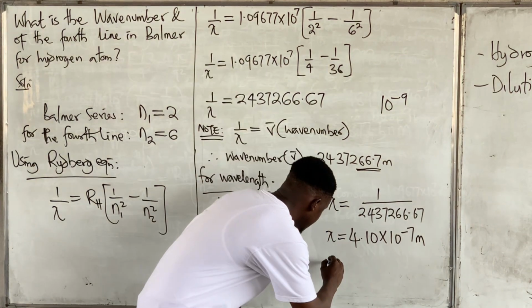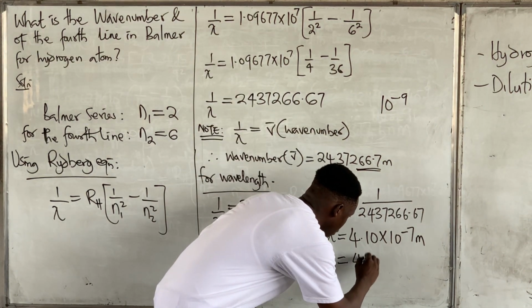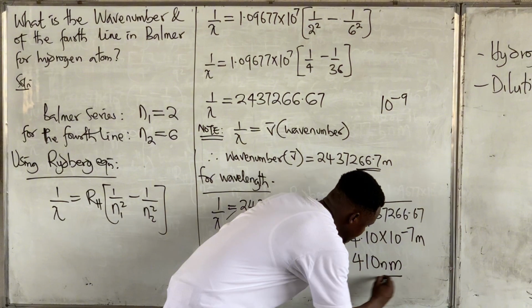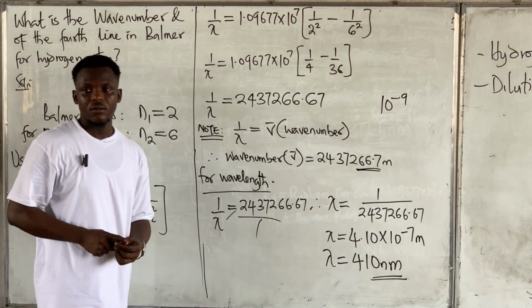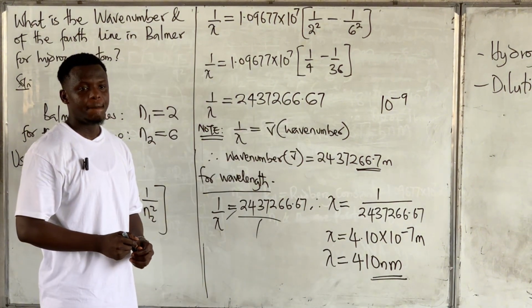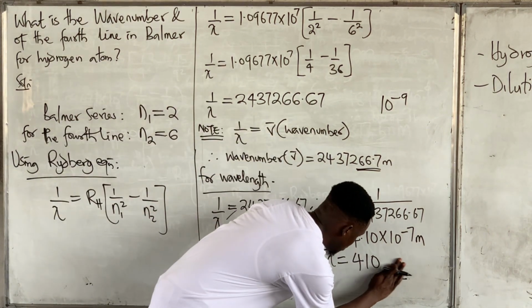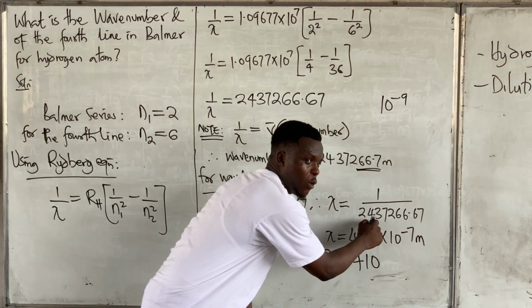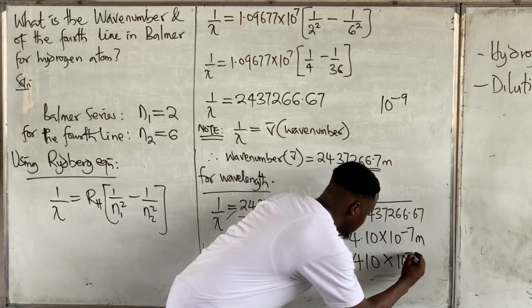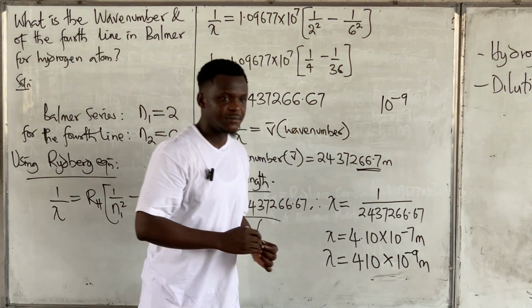So this becomes wavelength equals 410 times 10 raised to the power of -7. So what we just did here, look up. If you move it 2 places forward, this now becomes 10 raised to the power of -9.